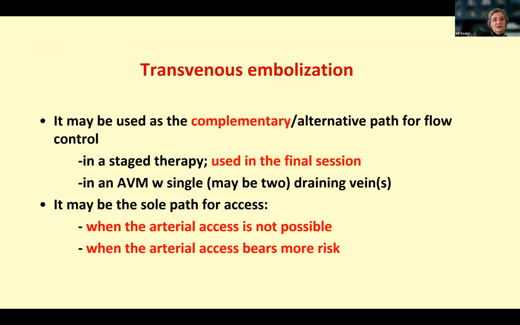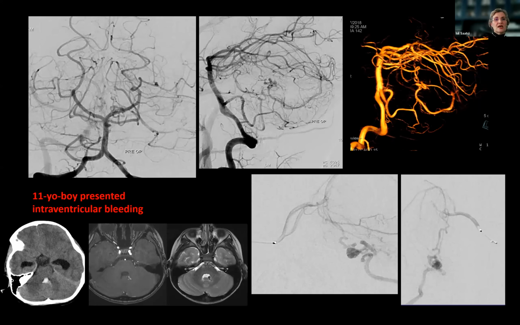I would like to very briefly mention transvenous embolization. In our practice, it's only complementary. We either use it as a final move when necessary, or when the arterial access is not possible or bears more risk.